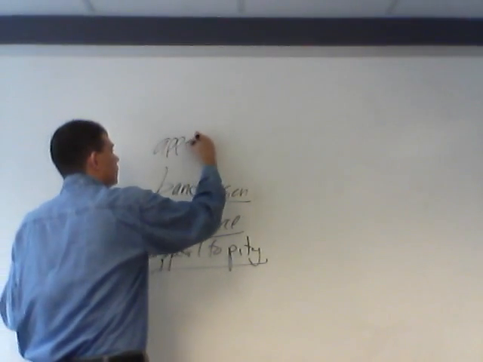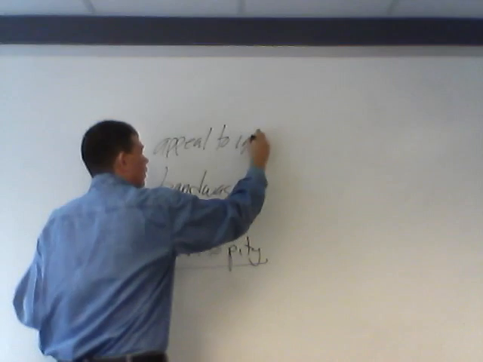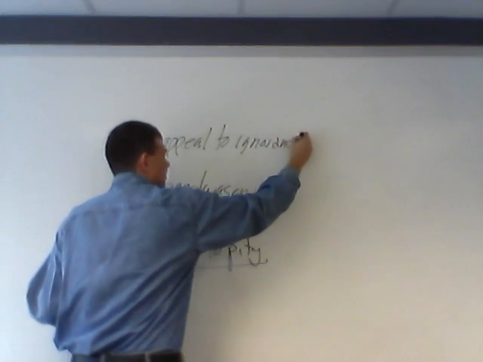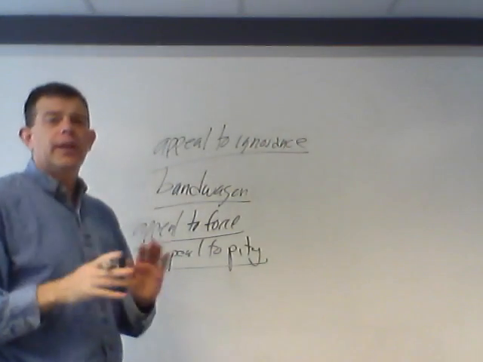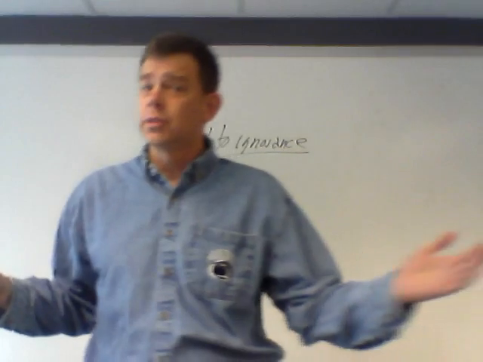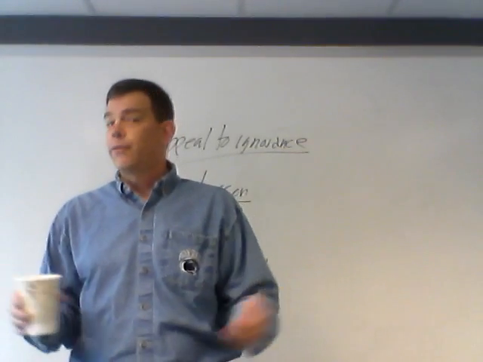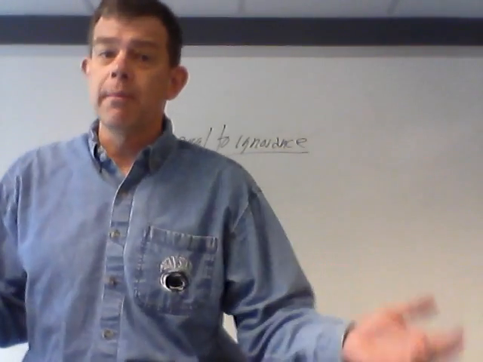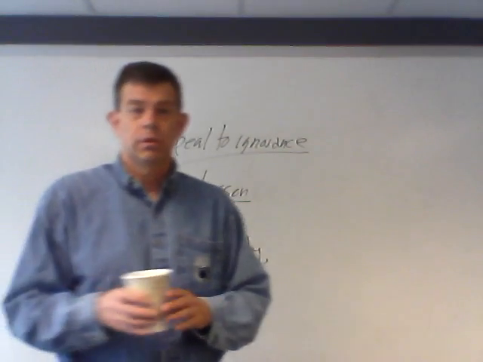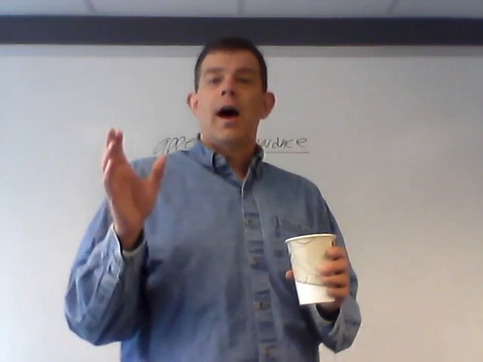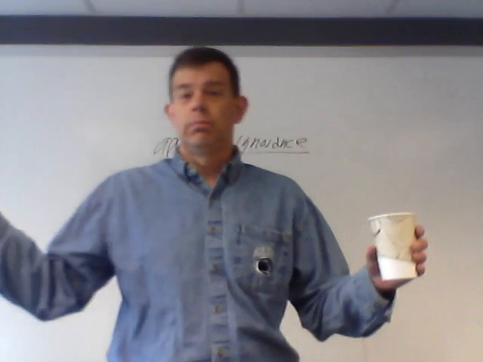And finally, the last one they have is the appeal to ignorance. The appeal to ignorance basically means this. If you can't prove it's false, then it must be true. If you can't prove it's true, then it must be false. I have never seen an angel.